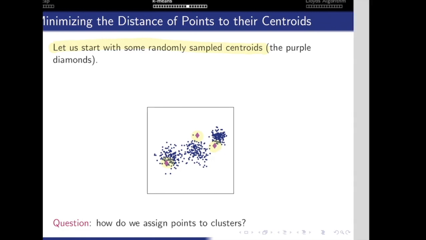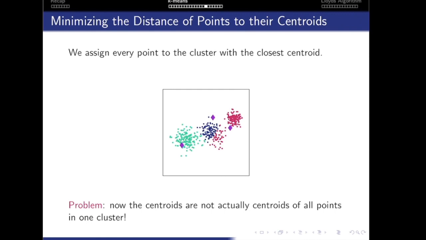Well, the solution, you probably have guessed, is that we assign every point to the cluster with the closest centroid. So if we want to minimize the distance of points to their centroids, then we should always just assign the point which is closest to the corresponding centroid to this cluster, right?